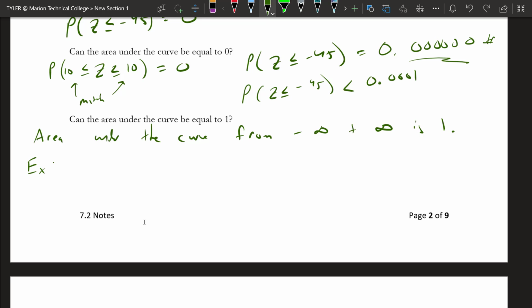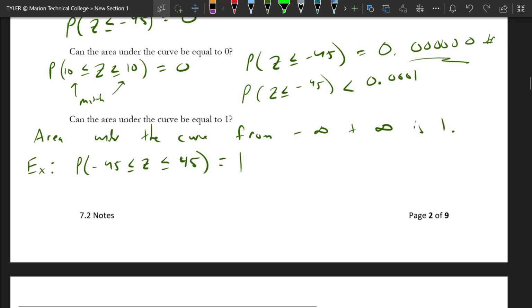So for example, if you look at finding the probability that z is in between negative 45 and 45, you're going to find that this is going to give us 1.